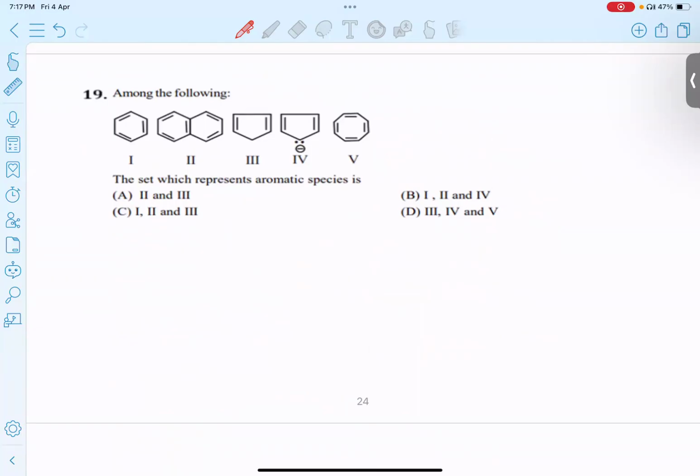Among the following, 5 compounds are given. Which is the set that represents aromatic species? An aromatic compound must be planar and cyclic in nature, and also follow the 4n plus 2 pi electron rule.